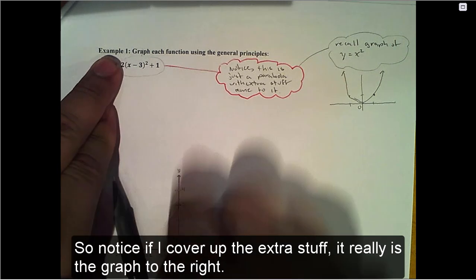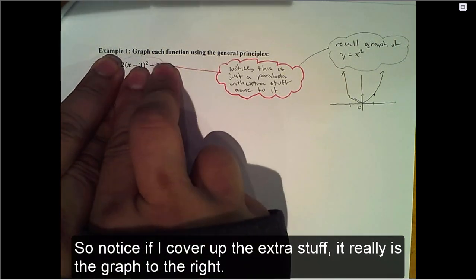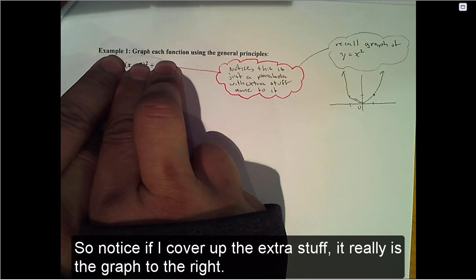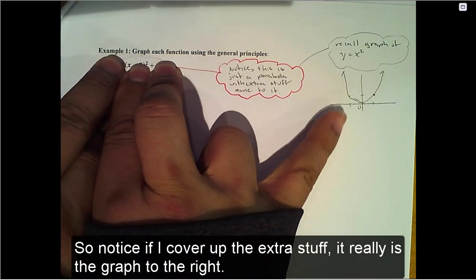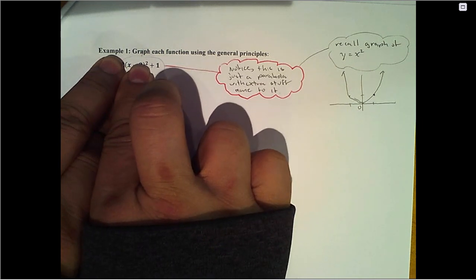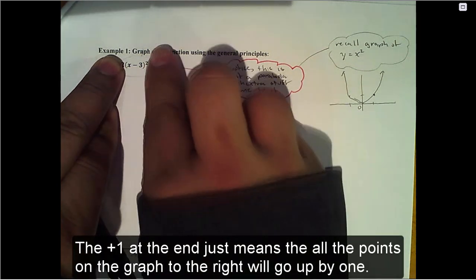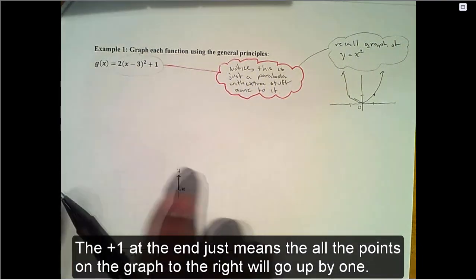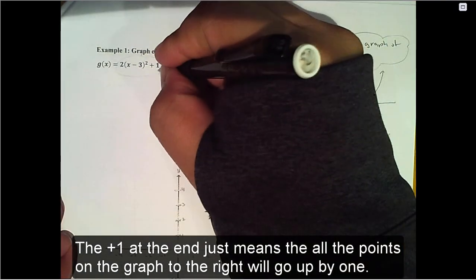So notice if I cover up the extra stuff, it really is the graph to the right. The +1 at the end just means that all the points on the graph to the right will go up by 1.